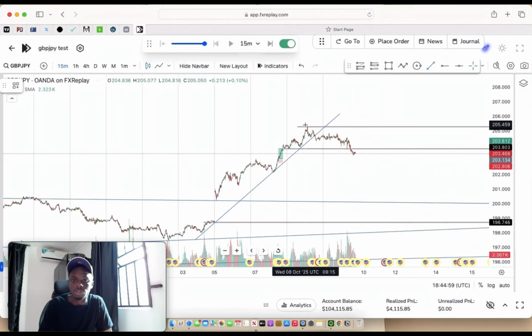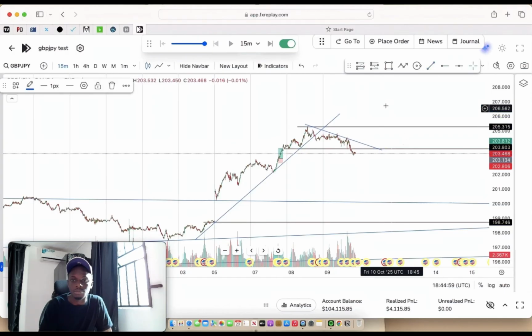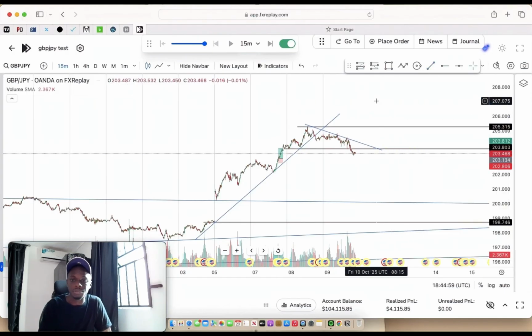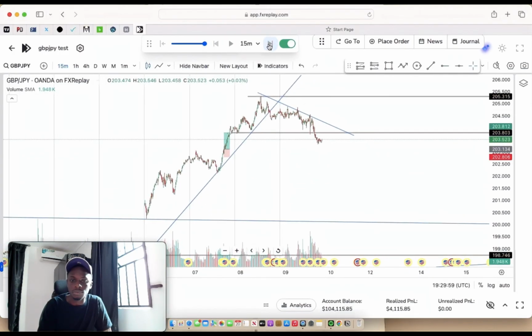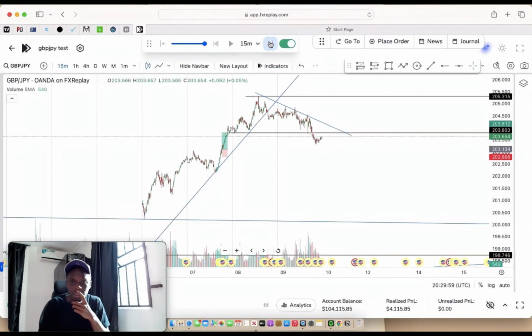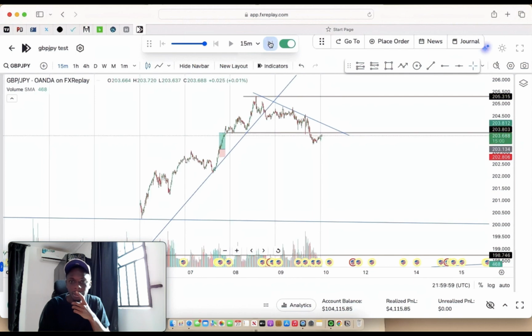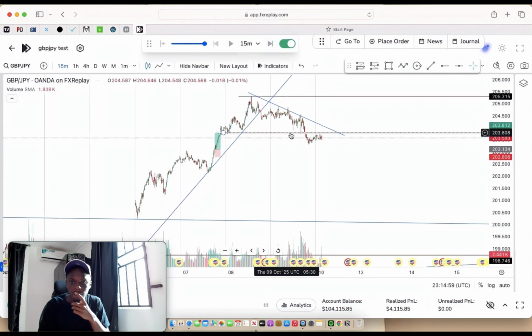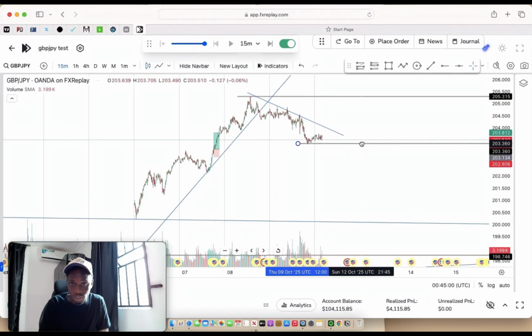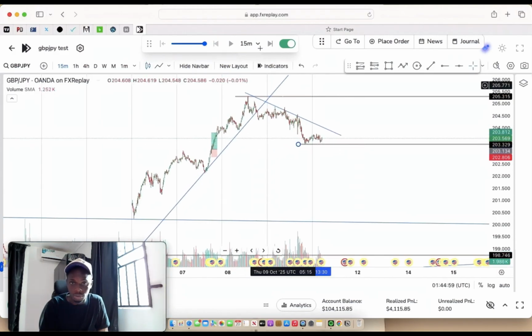I still see more touch points from here to this level too. But let's see. Alright, price action is there. It's not there. Next day, same thing. Previous day low. Price displaying.